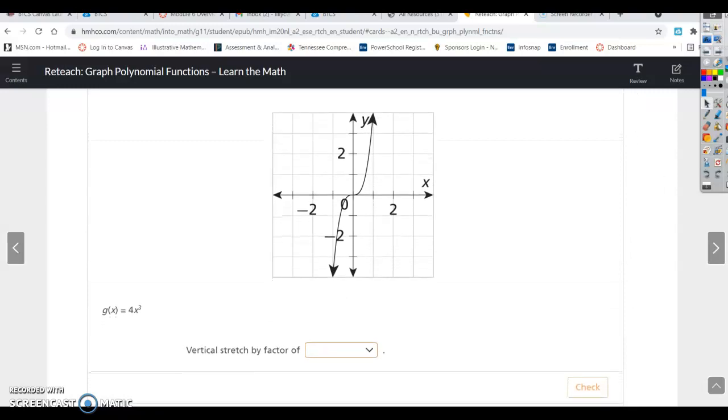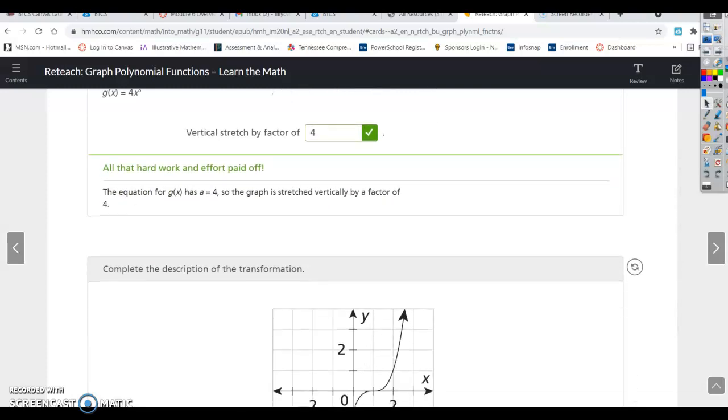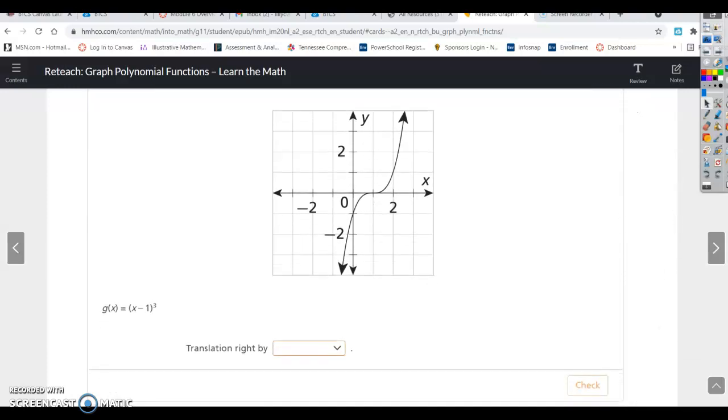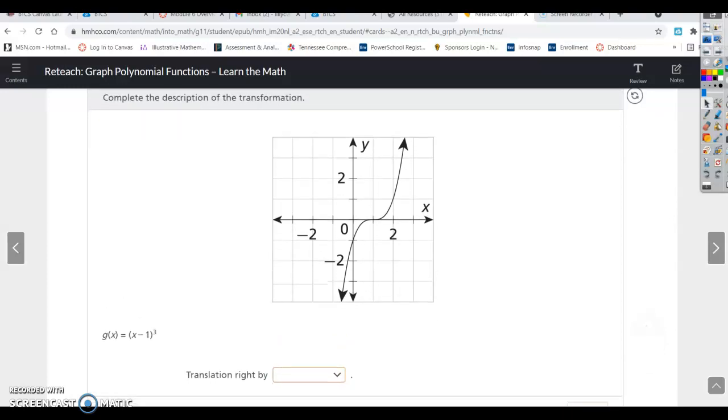And then the next one, you can see it's even narrower, so it's skinnier. It's more compressed in towards the y-axis. That's because this is 4x cubed, so it's a vertical stretch by 4. Again, they're all cubic functions, so that's what creates the general shape, but they're just transformations of that.